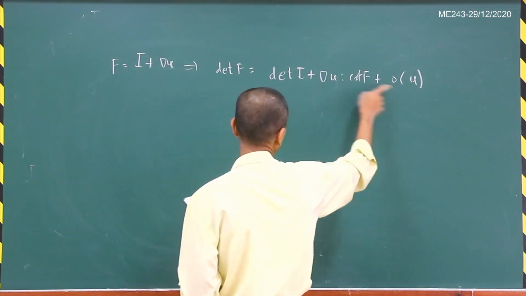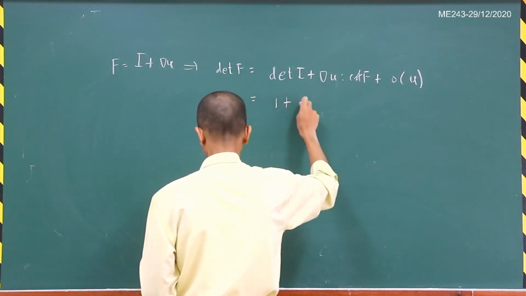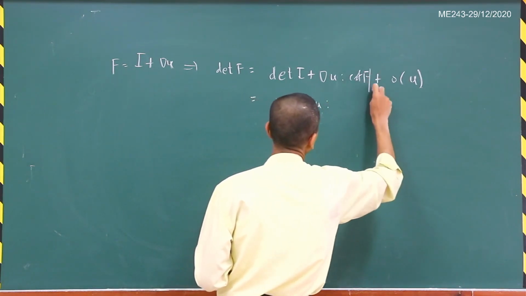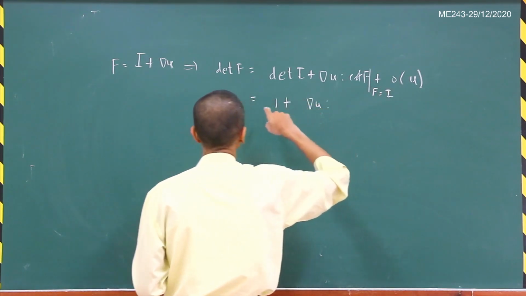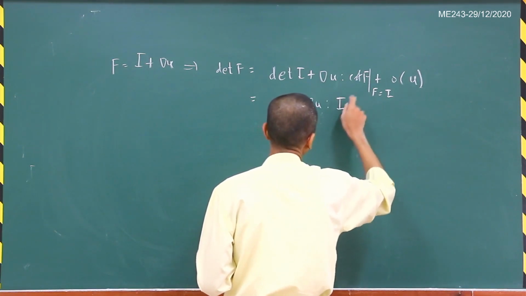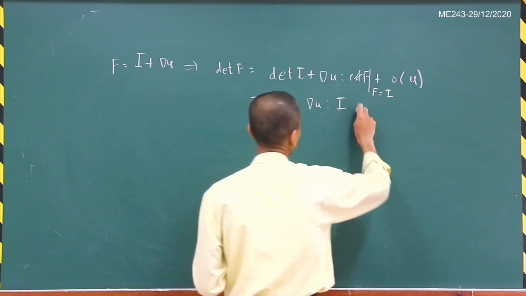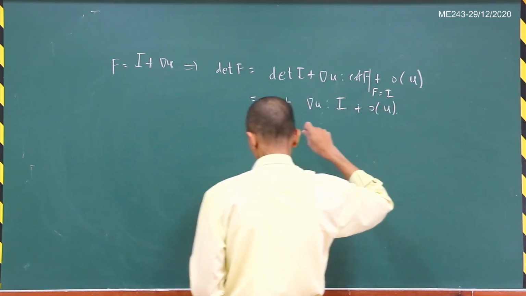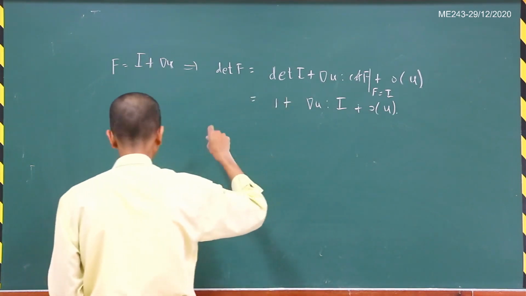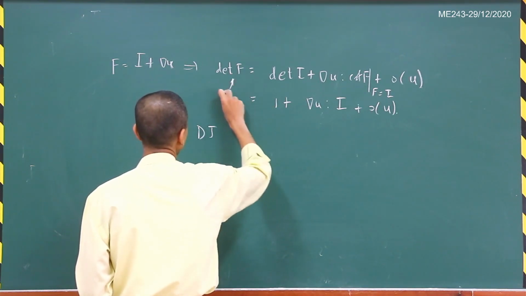We have already seen this expansion for the determinant. So this is equal to 1 plus ∇u times the cofactor of identity, which is identity itself, evaluated at identity, plus order of u. So this is equal to the trace of ∇u. So basically D of J, where J is det F.